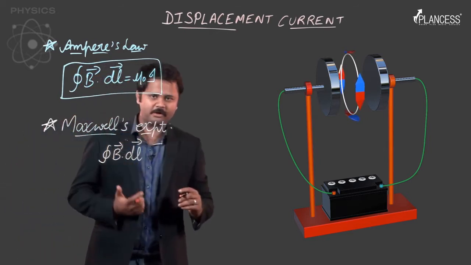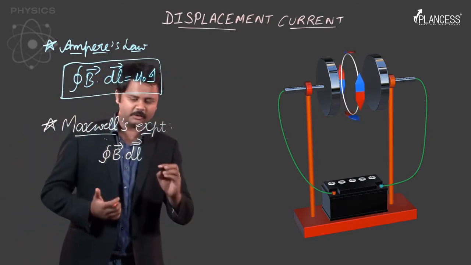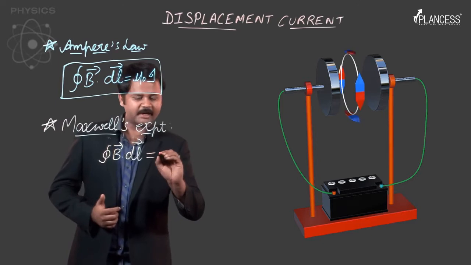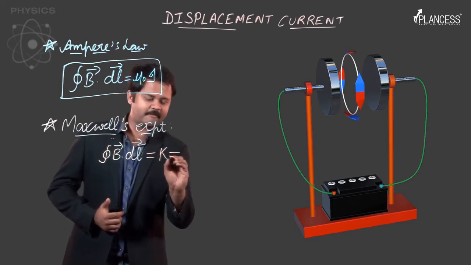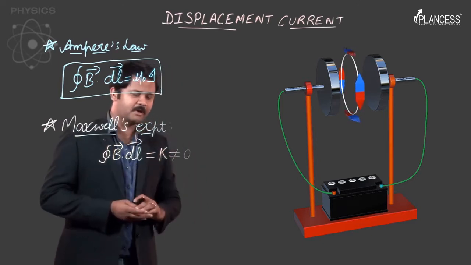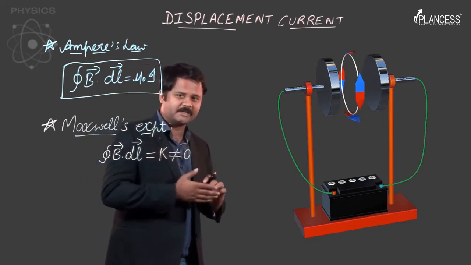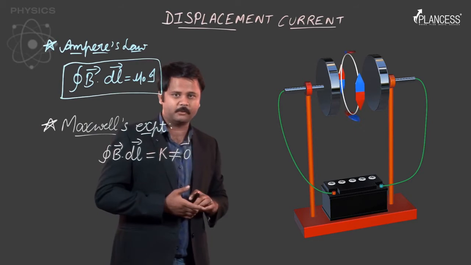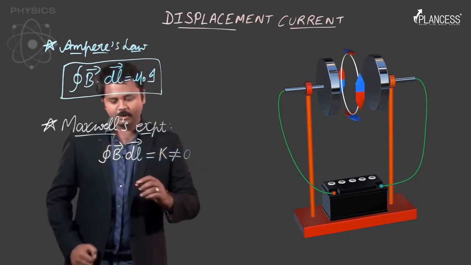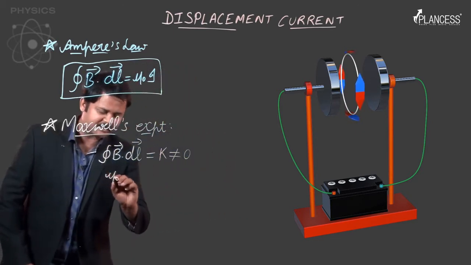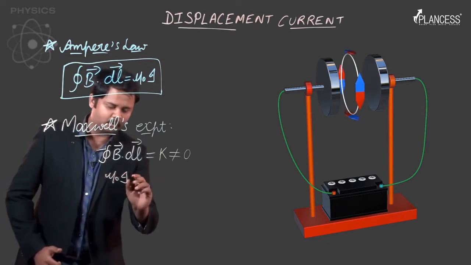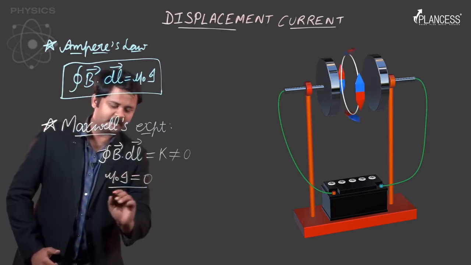It's definitely not zero, it's a non-zero quantity. Let's denote it as k, and k is definitely not equal to 0. However, in this loop you can see that there is no current piercing the surface bound by this loop. So mu naught times I for this particular loop is 0.